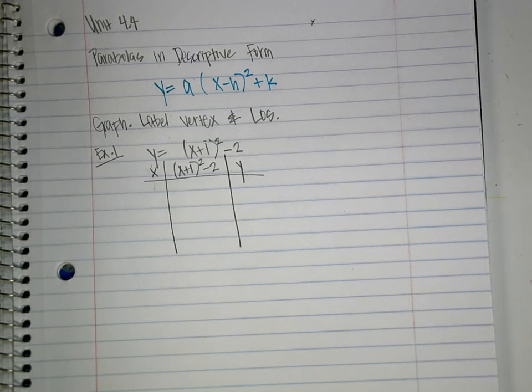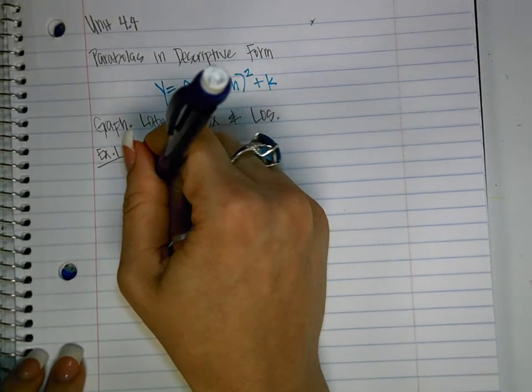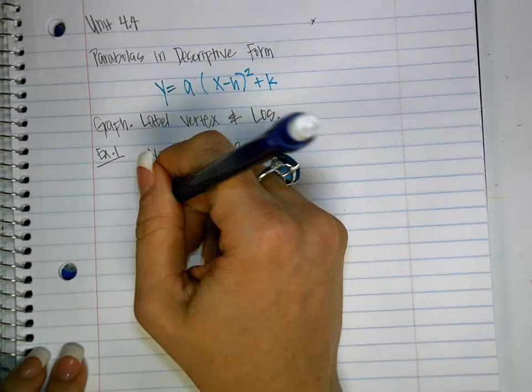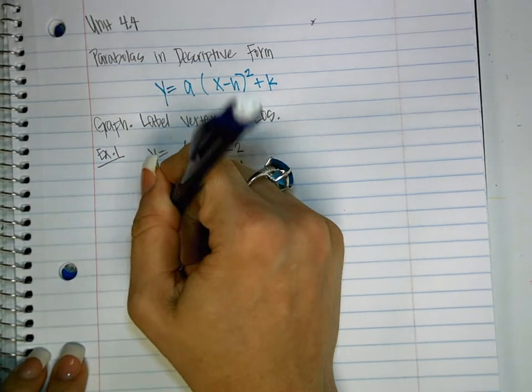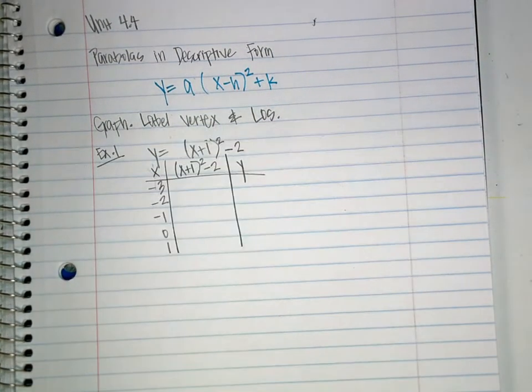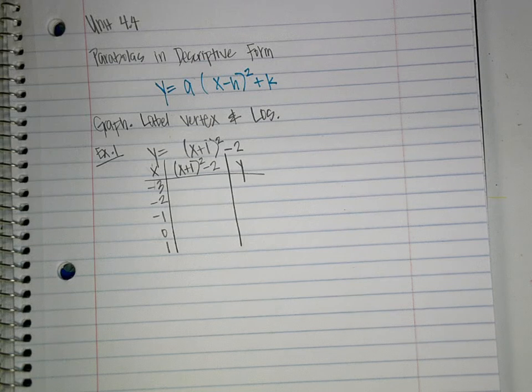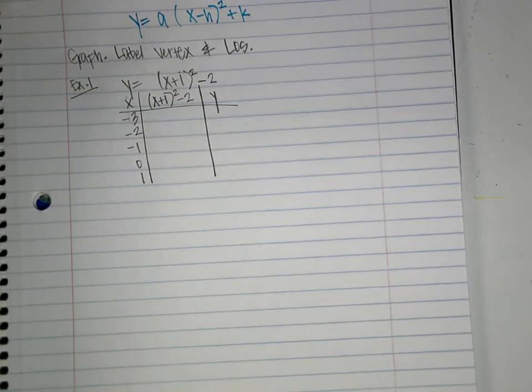For the x values, I would like you to plug in -3, -2, -1, 0, and 1. We're going to find the points that are on the parabola.